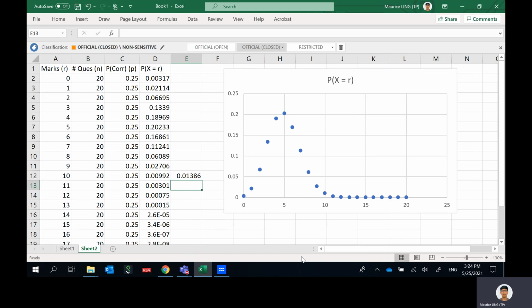This 2D line, wrong. Scatter plot is this. Sum of 10, 11, 12, 13, 14, 15, 16, 17, 18, 19, 20. Sum of the probabilities.